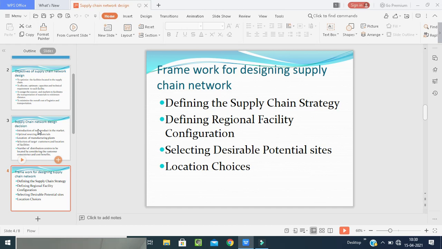He should focus more on the potential sites which are selected in the previous phase by considering the margin, market demand, logistic cost, taxes, factory cost, all the expenditures which take place from the manufacturing of the good till the delivery of the goods in the supply chain to the customer. So all these things are the factors which are going to frame the decision for supply chain network design.